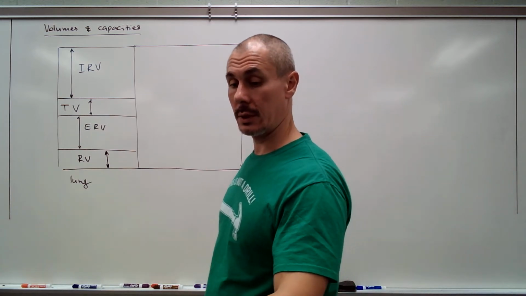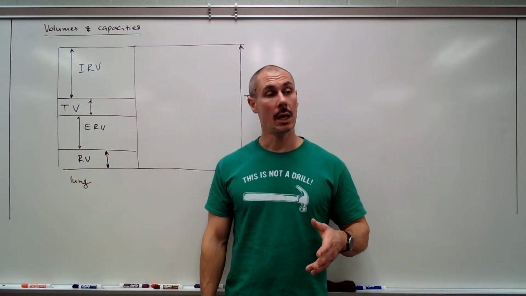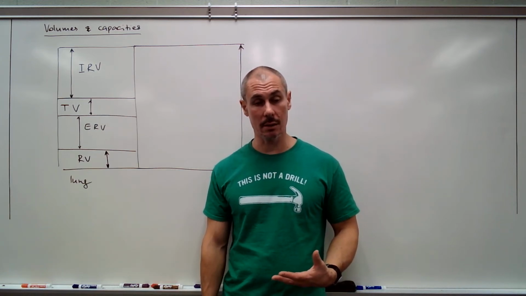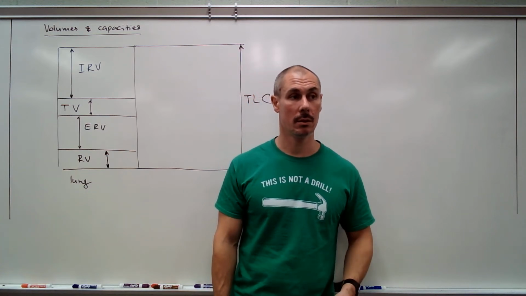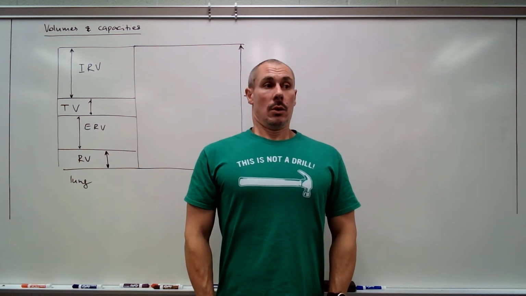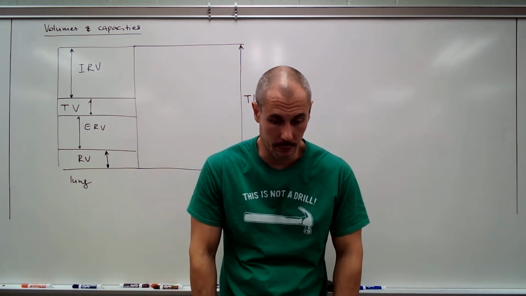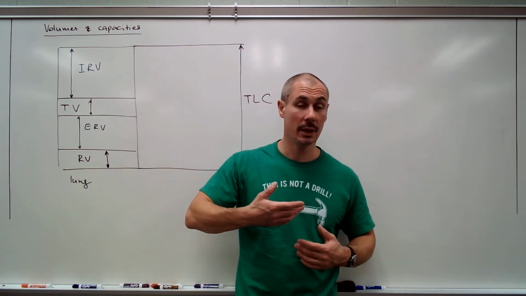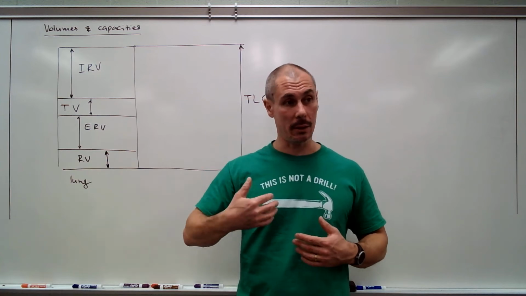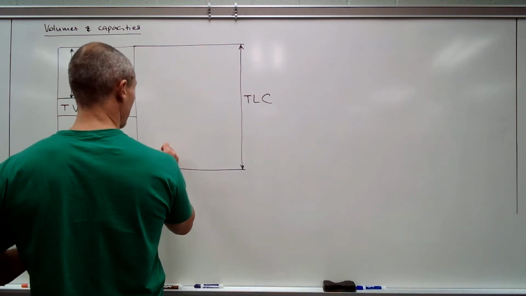Now, look at me again. I'm going to do something else. I'm going to inhale as much as I can and then exhale as much as I can. Look at me. The amount of air that I just expelled out of my lungs is my vital capacity.